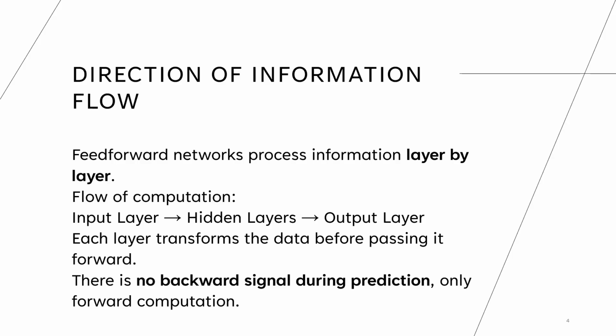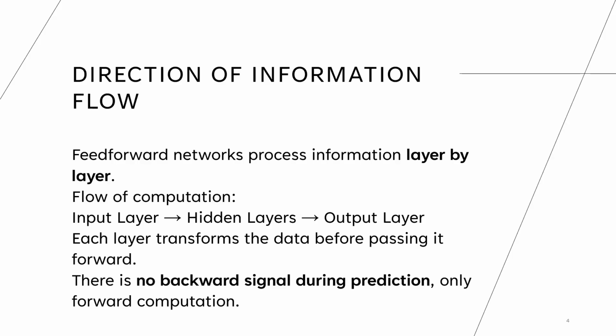Feed-forward neural networks process information one layer at a time. Data enters the network through the input layer. From there, it moves forward through one or more hidden layers before reaching the output layer. This sequence is often described as a flow of computation that moves from the input layer through the hidden layers and finally to the output layer.